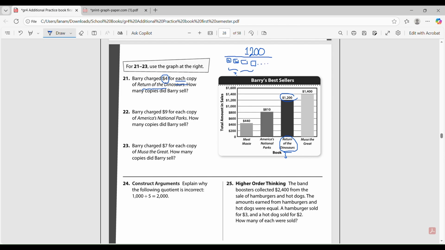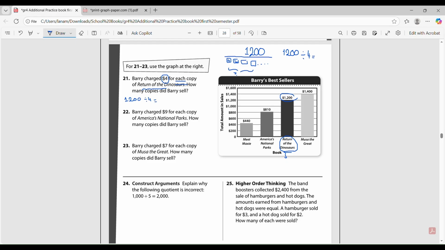In this case, we said if we know the total, but we don't know the number of groups or the items or the price of one group, this means we need to divide. So I'm going to say 1,200 divided by 4.